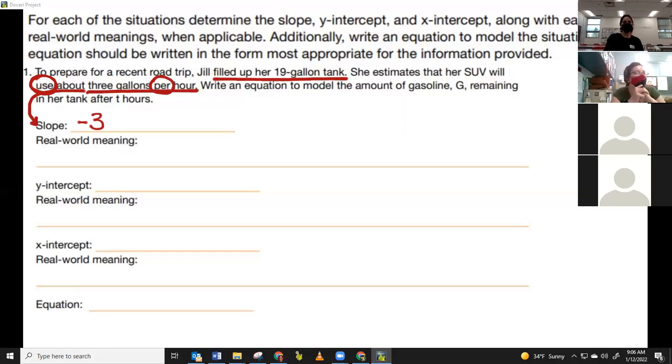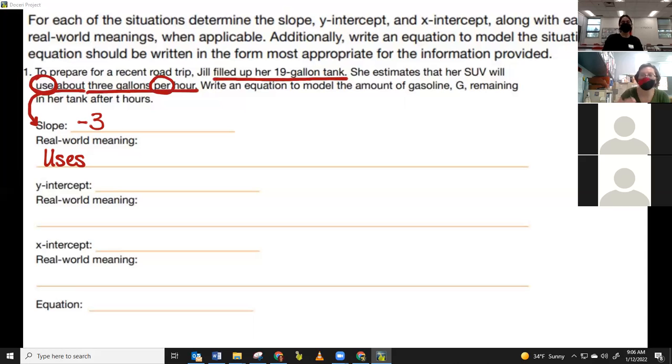And the real world meaning of that -3. Well, I've got the word use right there already. So she uses what? Oh, Tamari, I love that. We'll get that written down in just a second. But yes, you're absolutely correct. -3 gallons.